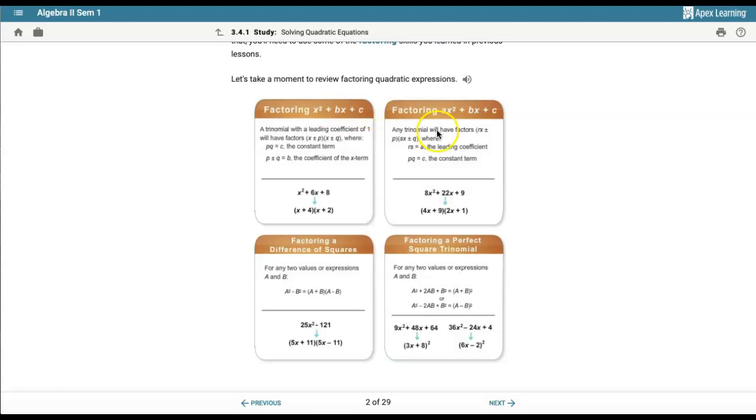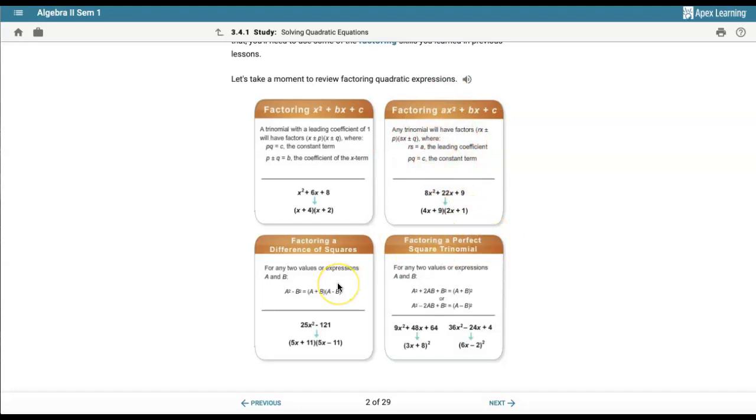Secondly here, we looked at factoring ax squared plus bx plus c. So if that leading coefficient is not a 1, right? So now we're not just dealing with p and q. We now have to add in an r and an s, okay? And we talked about all of that. And you can refer back to the video lecture from today if you need more information on that.